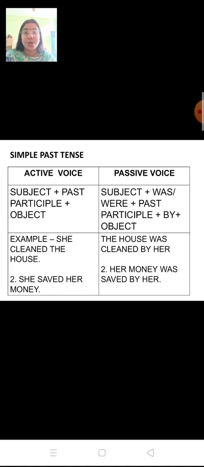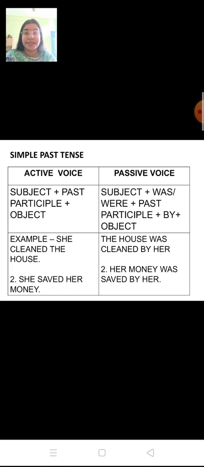Now, if we want to change this active voice into passive voice, then what is going to be the structure? The structure will be subject plus was or were plus past participle plus by an object. For example, the house was cleaned by her. So was is used because it is singular. But if it is plural, then we are going to use were.